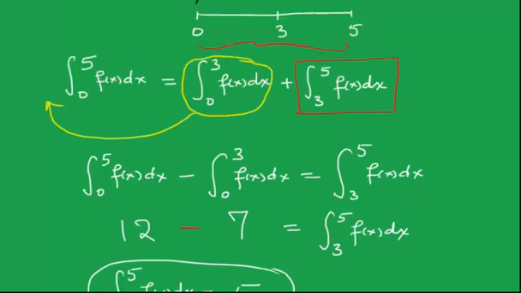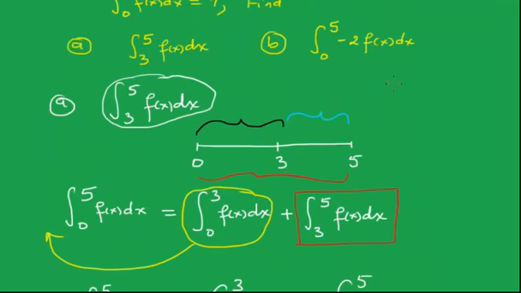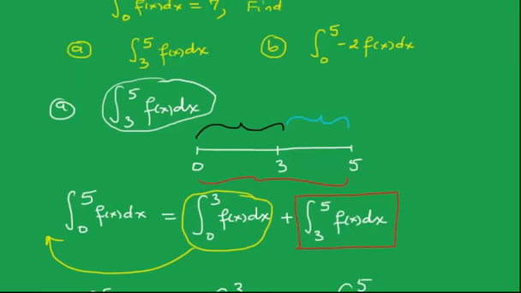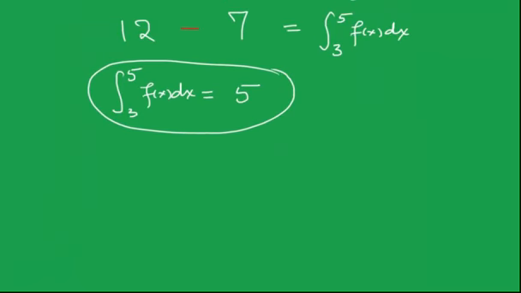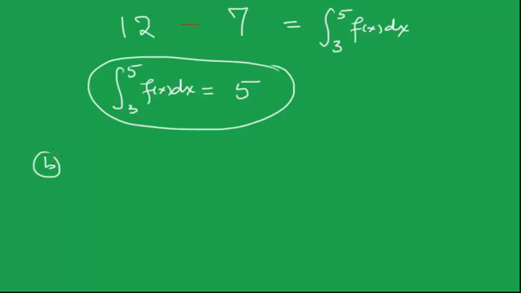Now part B, they want us to compute the integral from 0 to 5 of negative 2 f of x. So part B, the integral from 0 to 5 of negative 2 f of x dx. Here we have a number that multiplies the function, so we can take it out.